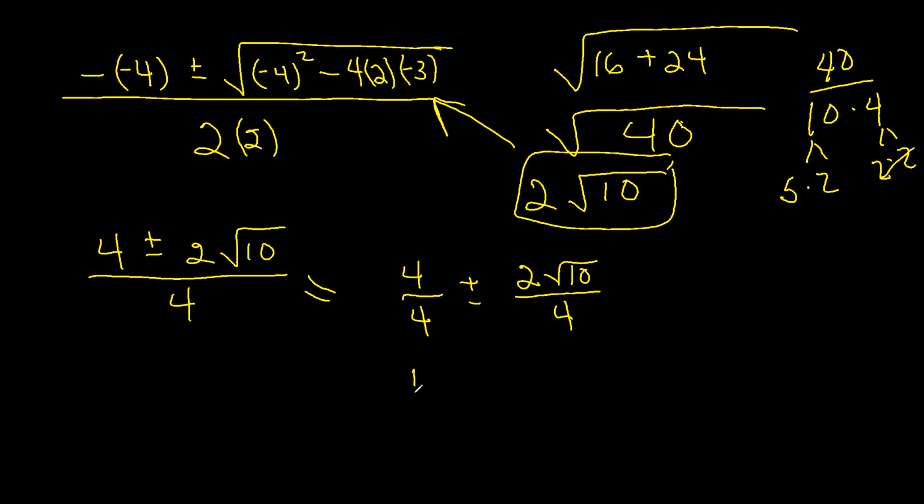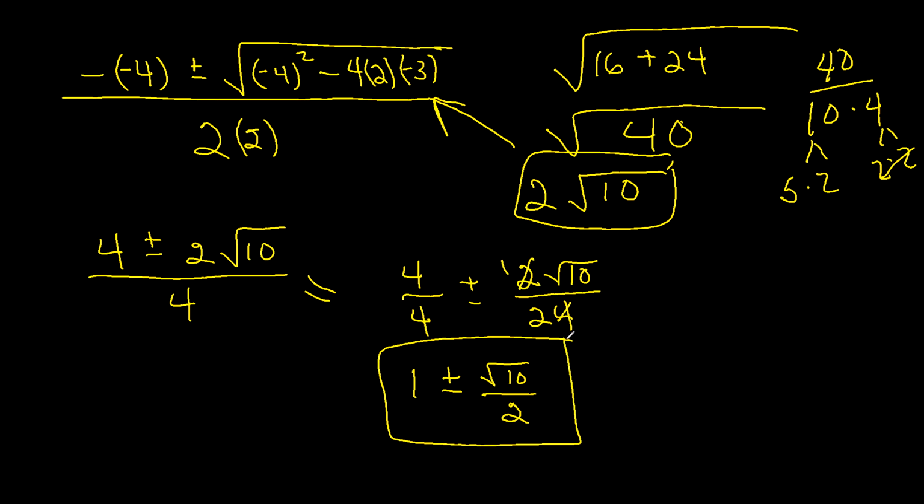So 4 over 4 is 1, and this is going to be plus or minus 2 over 4, which simplifies to 1/2. So that's going to just end up being square root of 10 over 2. And that looks like your final answer here. Okay, remember to simplify that as much as possible. And you've got it.